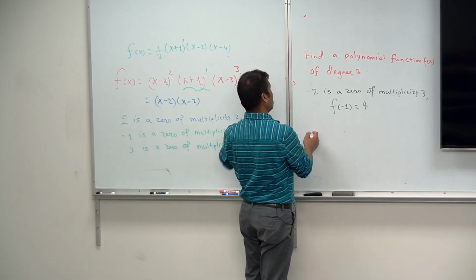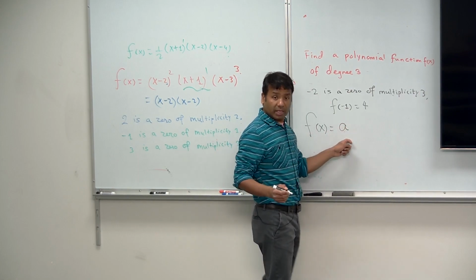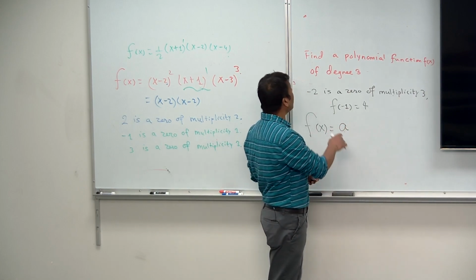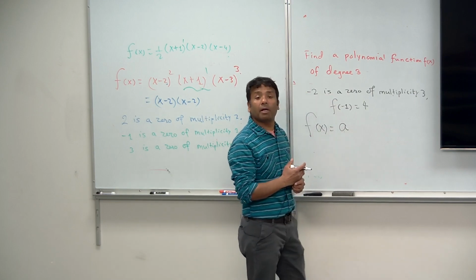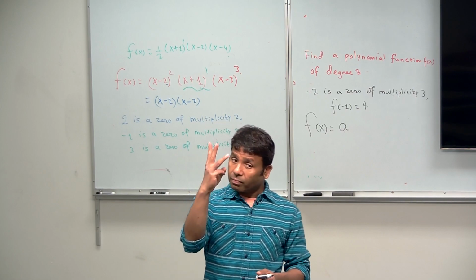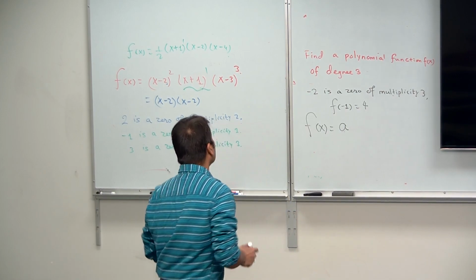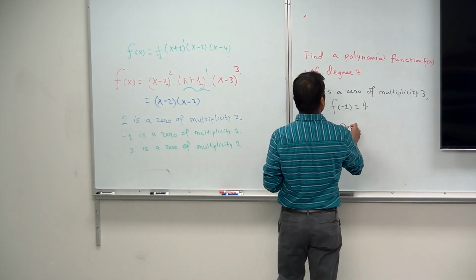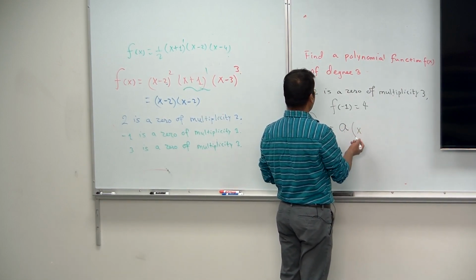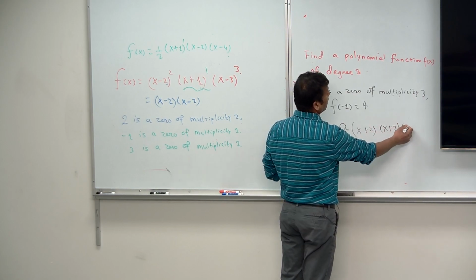Negative 2 is a 0 of multiplicity 3. So what does that mean? Your polynomial function will be equal to the leading coefficient a times the factors. Negative 2 occurs 3 times, so the factors will be x plus 2, x plus 2, and x plus 2.